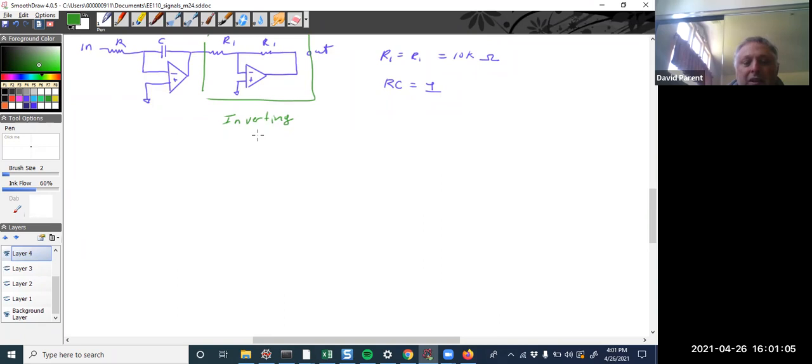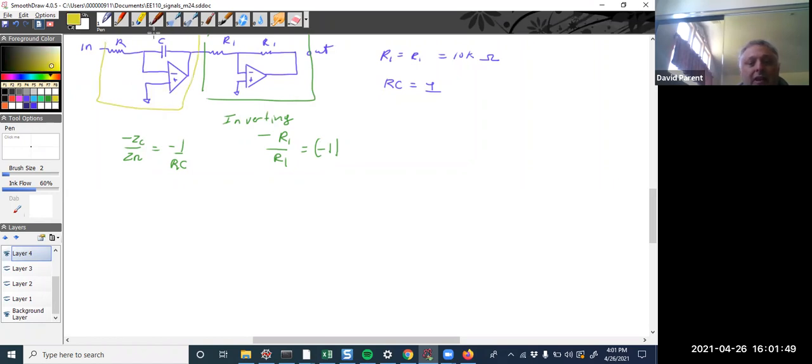And so that's going to be minus R1 over R1, which is going to be -1 if everything is working, right? And that means if it's ideal, with infinite input resistance, infinite open loop gain, and the open loop gain doesn't change with frequency, the gain of that stage will be -1. The gain of this stage is just going to be minus ZC over ZR, which is going to be -1 over RCS, right?